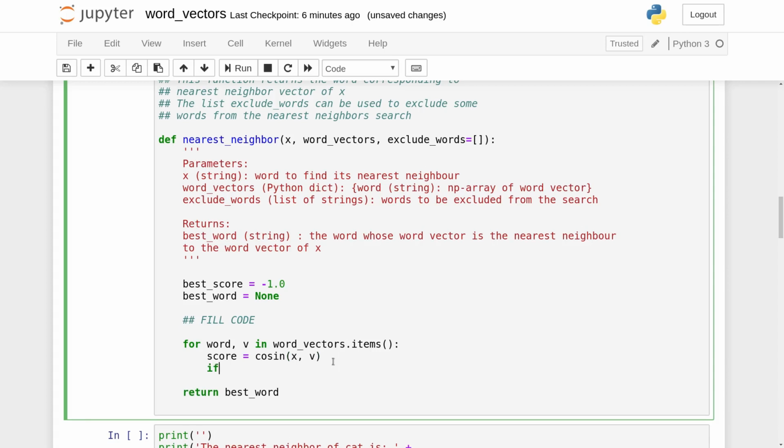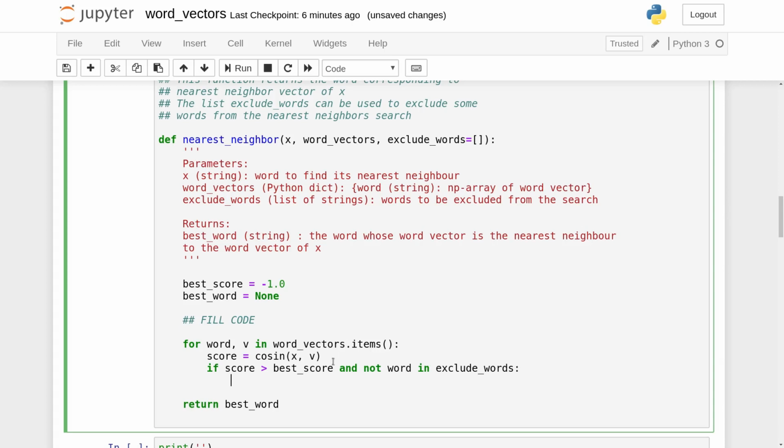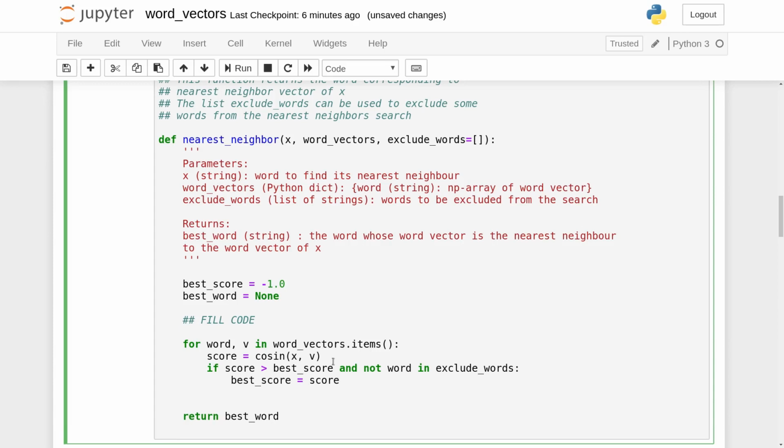And now if score is bigger than best score and word is not in exclude words, then the new best score is going to be the score, and the best word is the word.